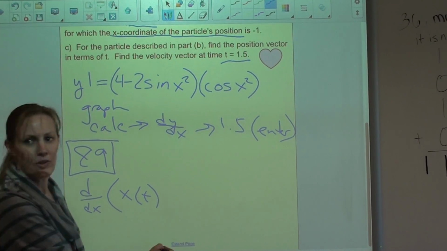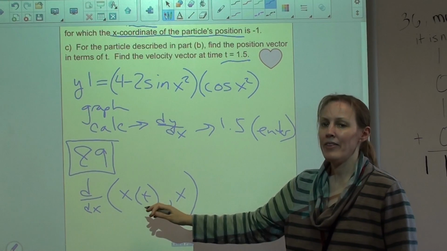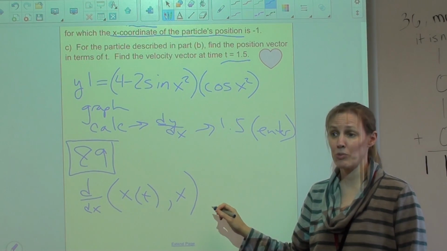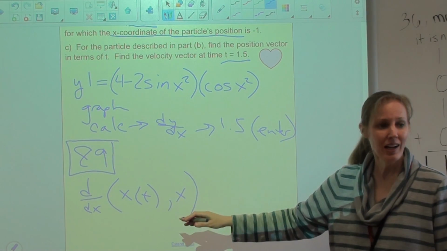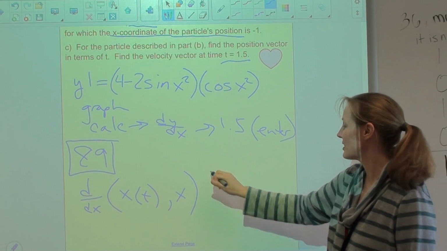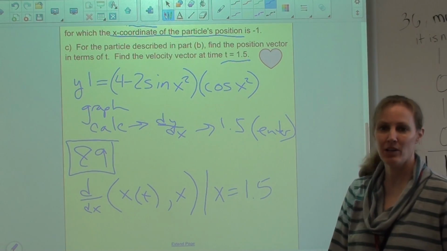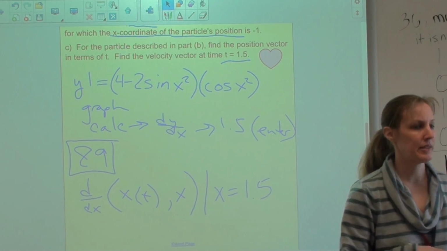Okay, so you do your function, comma x. On the 89, if you do comma 2, it's going to do the second derivative. If you do comma 3, it's going to do the third derivative. So you do comma x, vertical bar, x equals 1.5, and it'll plug the 1.5 in. Vertical bar means plug this in.